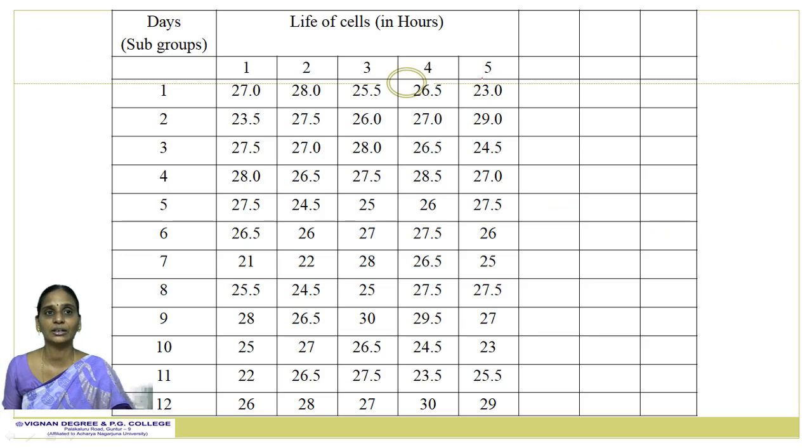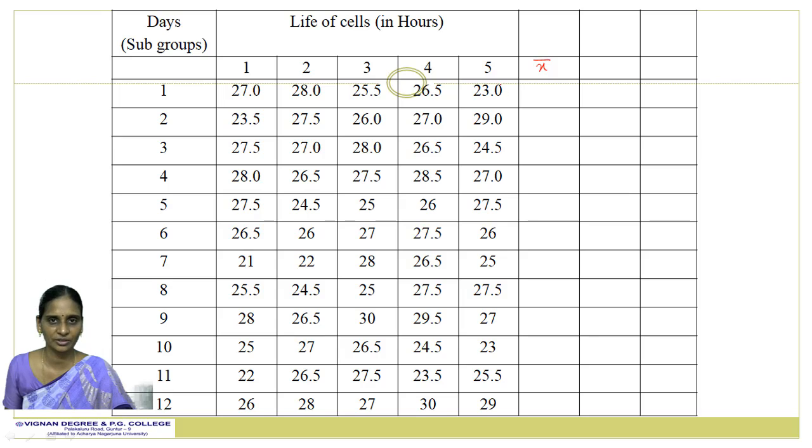To construct the control limits for the mean chart, standard deviation chart and range chart, we have to prepare some calculations. Those calculations are in this table. First you have to find the mean values for each and every sample, that is the X bar values. How do we get the value of X bar?